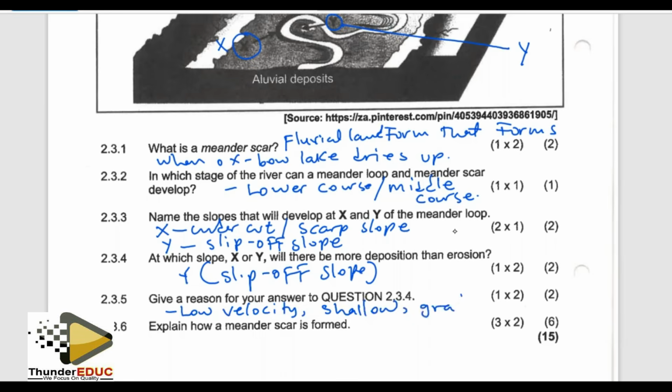So we talk about gradient. All this will result in the river depositing more materials than eroding.